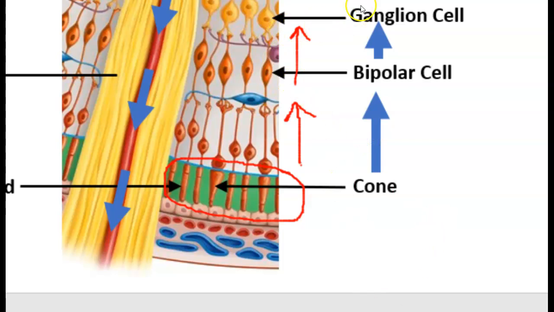So first the light rays came in from the anterior to posterior, and now the neural signal is going in the opposite direction. The ganglion cells have these axons that then travel, join other axons, travel to the optic nerve, and now the optic nerve carries the neural signal posteriorly again. So this optic nerve will move posteriorly, and we'll talk about how it gets to the visual cortex in the occipital lobe of the brain a little bit later.